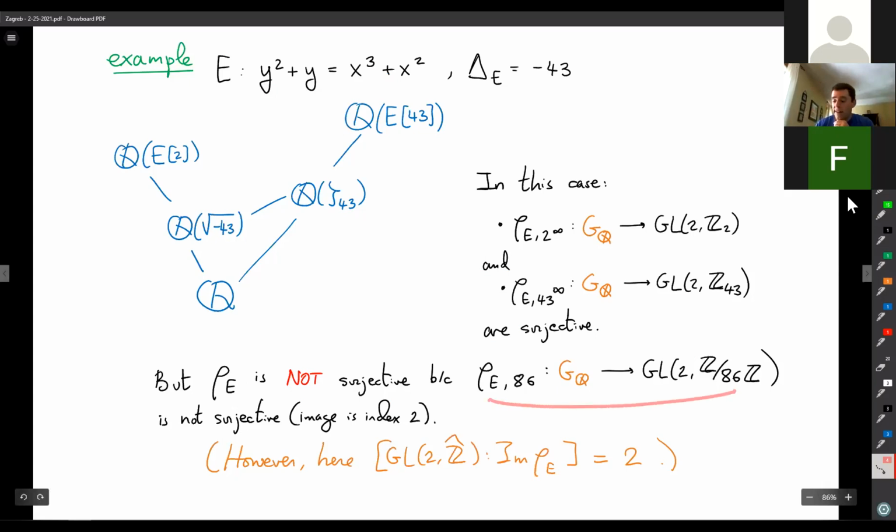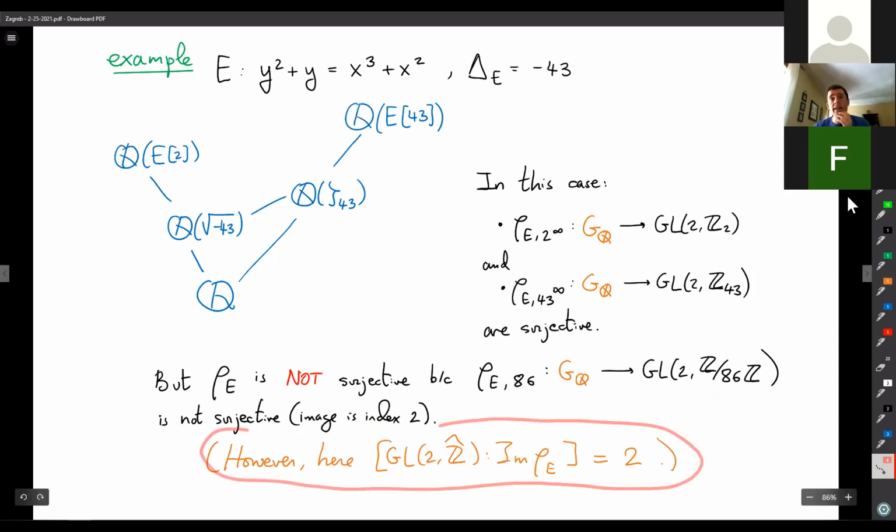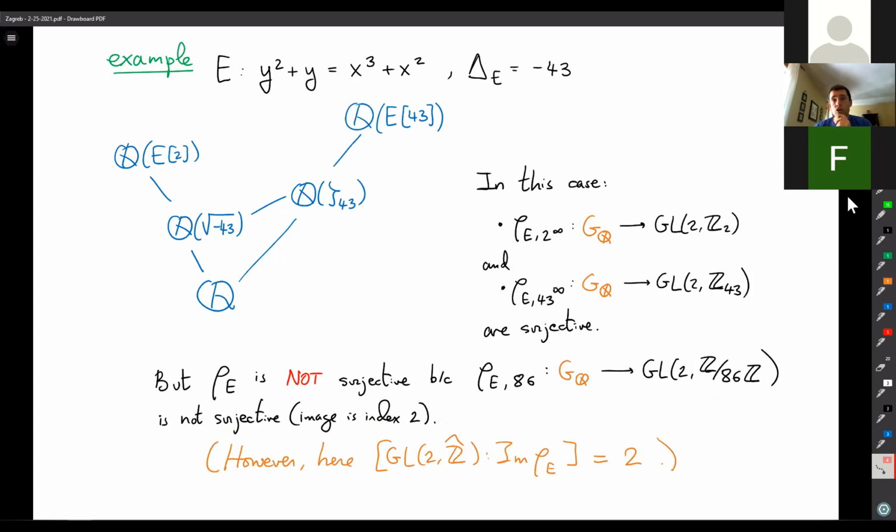The image has index 2 there, and that causes the adelic index to be divisible by 2. In this case, it was proved by Sayre that the index is exactly 2.